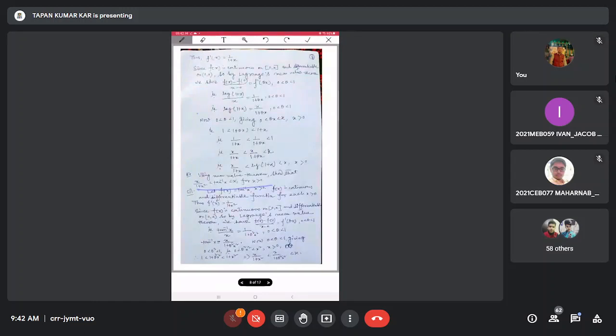The inequality can also be proved using the mean value theorem. Here Lagrange's mean value theorem is used. In some cases it may be Cauchy's mean value theorem. The choice of function here is f(x) equal to tan inverse x. This choice is also important whenever you check this type of inequality.